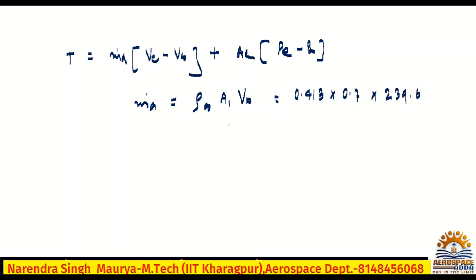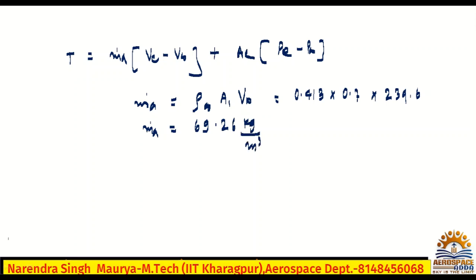What is the M dot A? We got here 239.6 into 0.413 into 0.7. So I'm getting 69.26 kg per second.